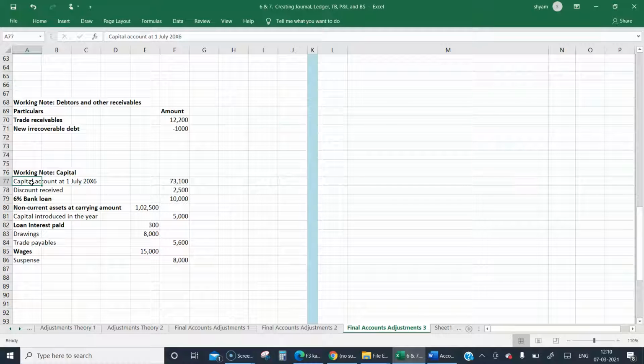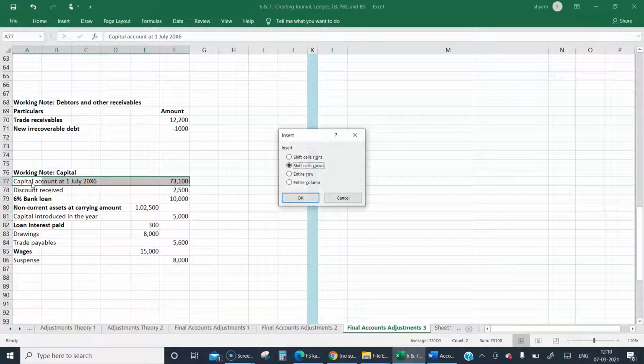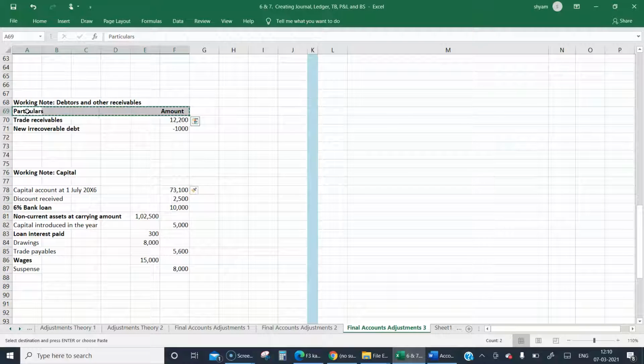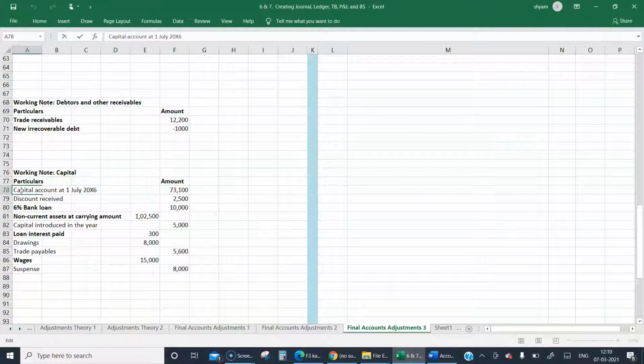So we'll start. See, this is the opening capital.